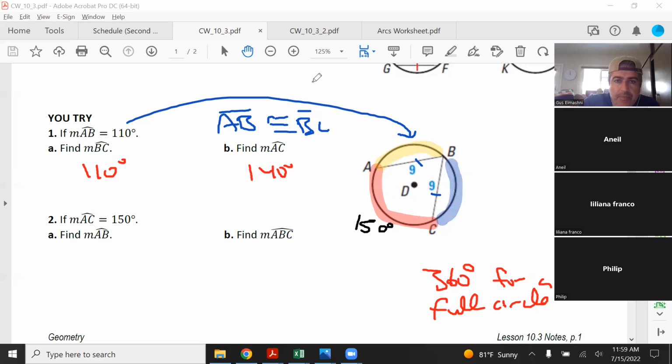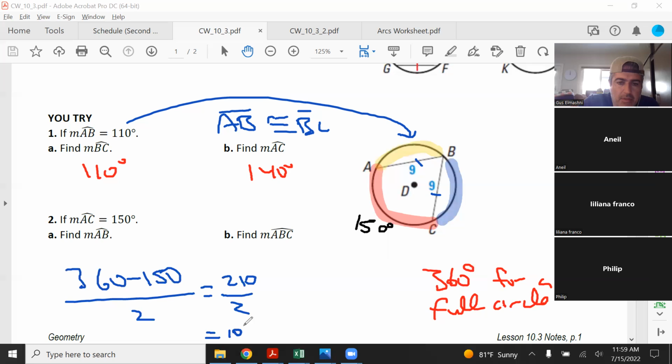And what you'll have to do is 360 minus 150, divided by 2. So each of these is going to be 105 degrees, which makes sense because 105 plus 105 is 210, add 150, you get 360. So arc AB is 105 degrees. Then ABC is 210. If you go A to B to C, in that order, that'd be 210 degrees.